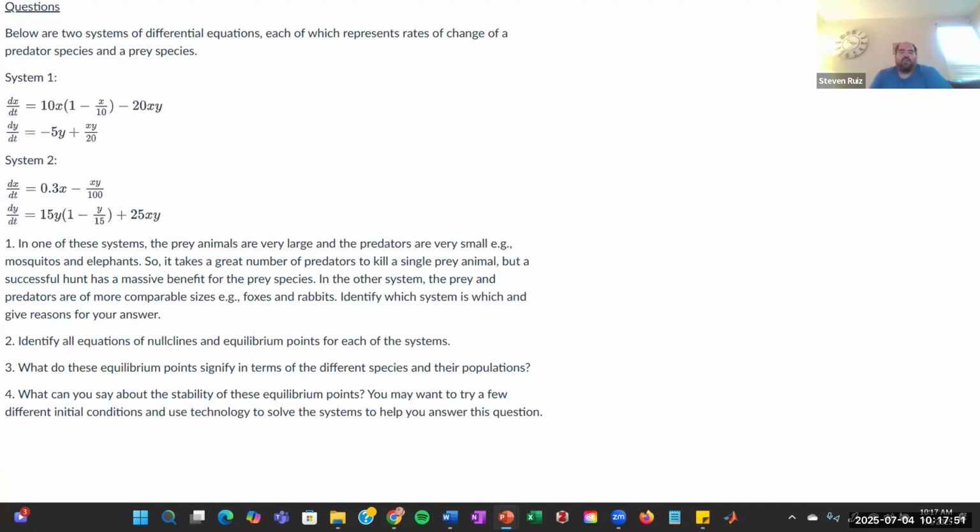One, in the equation that defines the death of the prey, you're going to need a lot of the predators to kill one prey. Because of that, I would expect the constant that's multiplied by xy to be very small.